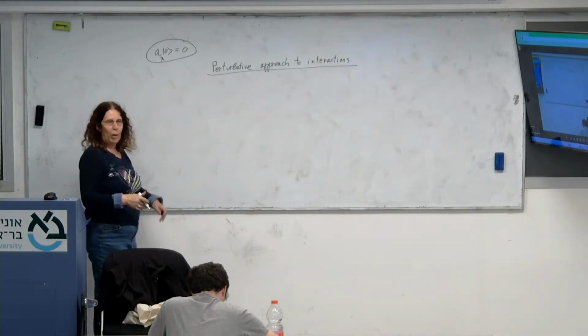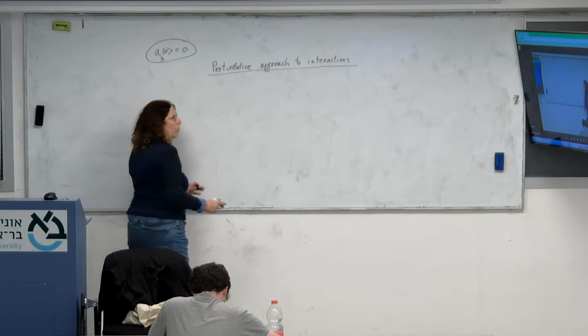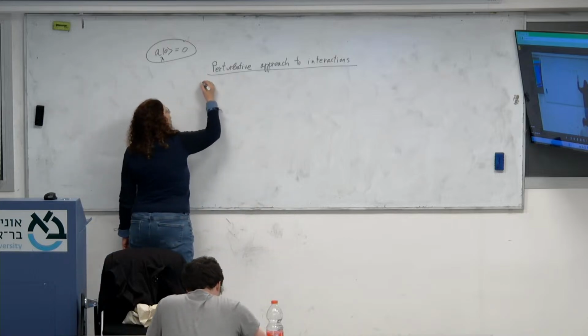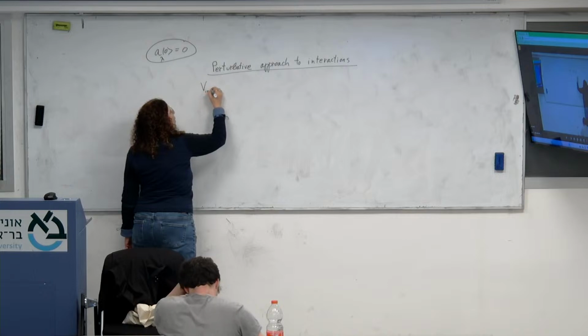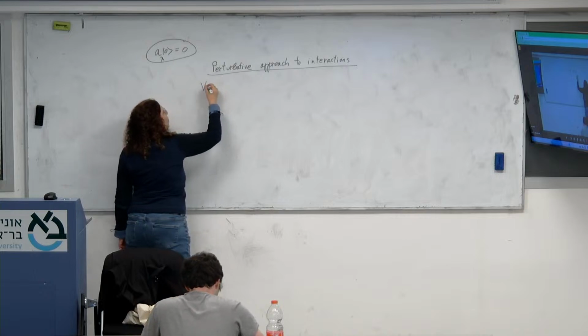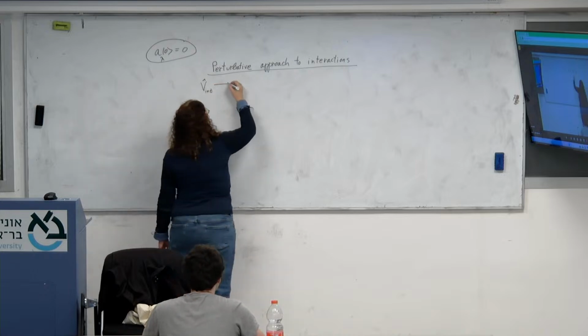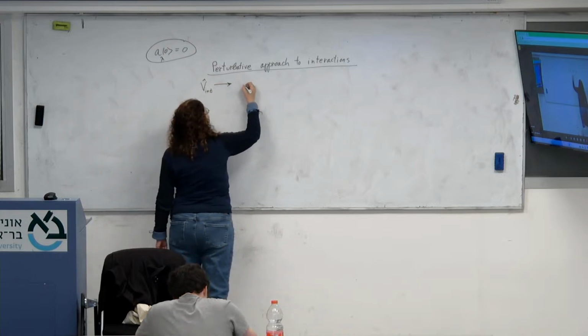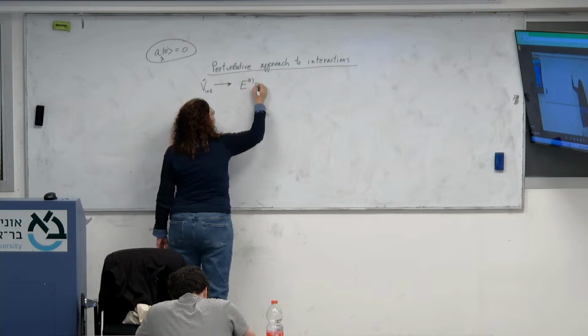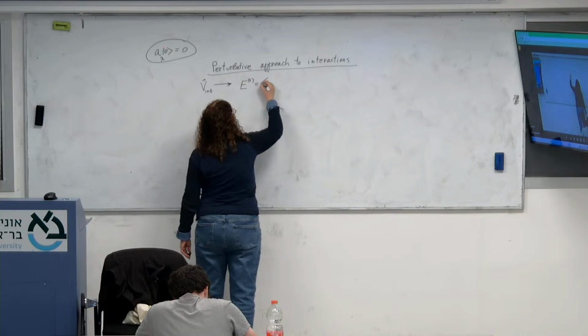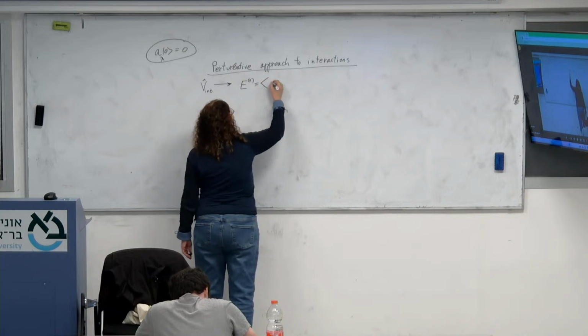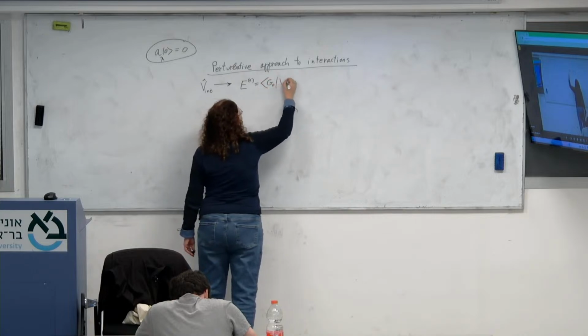The simplest thing we can do with interactions when we cannot solve is to treat it perturbatively and get corrections to the energy, to first order in perturbation theory, which are of this type.